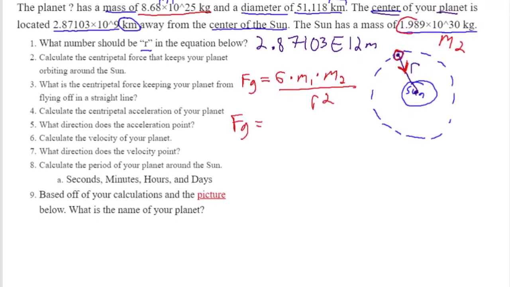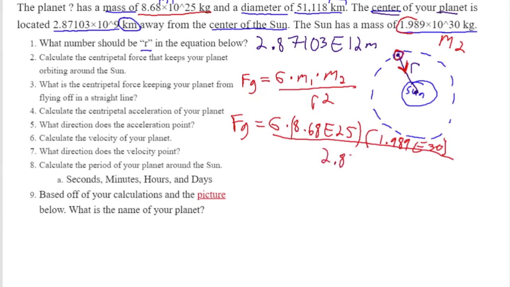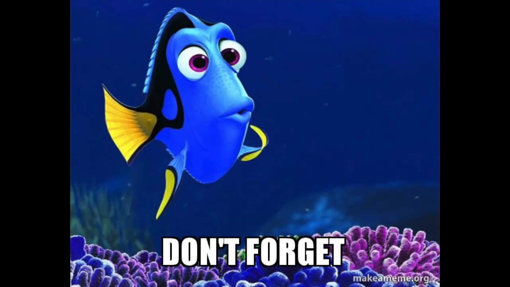So if I'm solving for force of gravity, I get force of gravity equals big G, and we know big G is just 6.67 times 10 to the negative 11th, times M1, which is 8.68 e to the 25th, times M2, which is 1.989 times 10 to the 30th, all divided by R squared, and our R value was 2.87103 e to the 12th. And we can't forget it's squared.